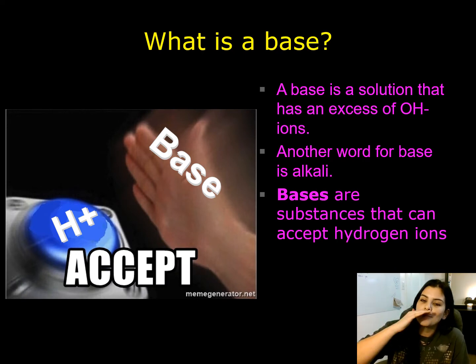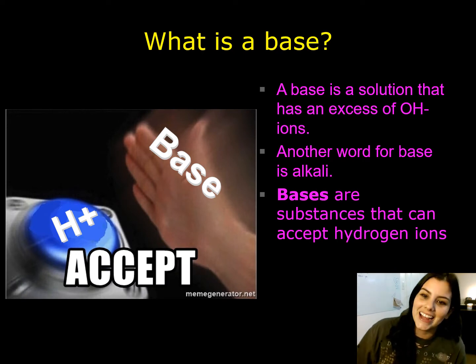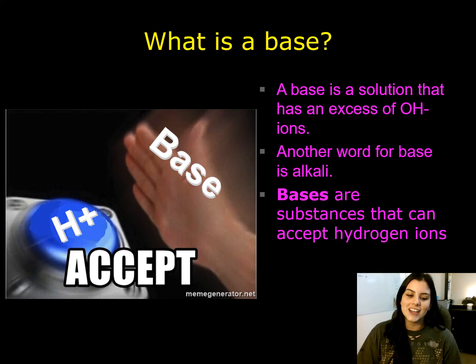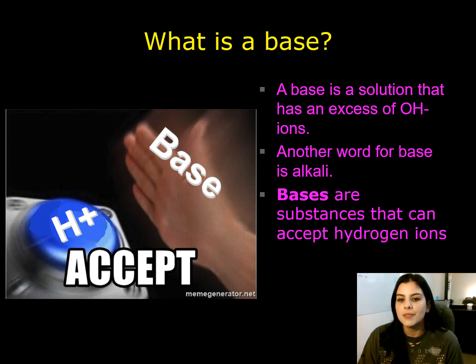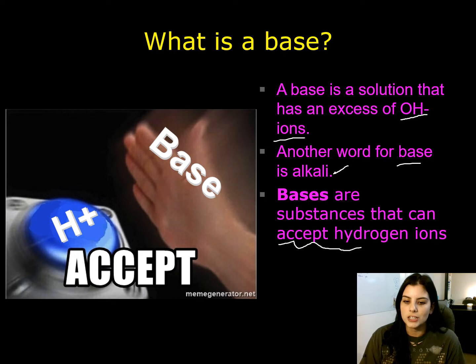Bases. Okay, so bases, you could call them the opposite of an acid. They have OH ions, hydroxide ions. And we might also see the word alkyl, which is another word for base or something that is basic. Bases accept hydrogen ions.